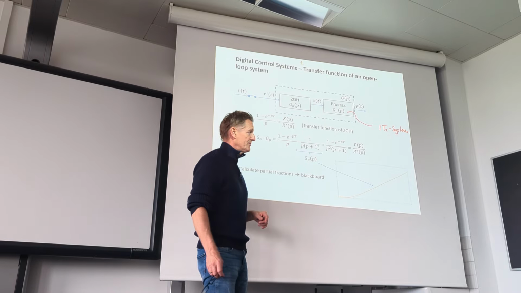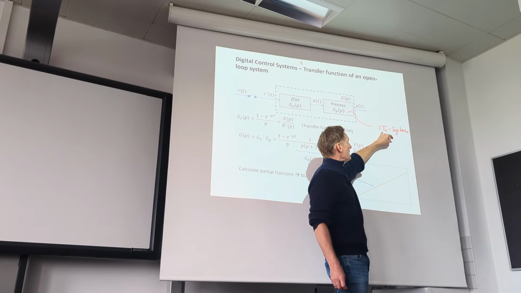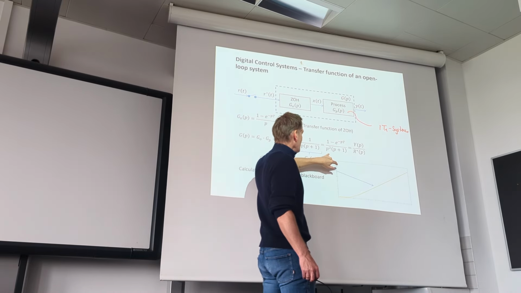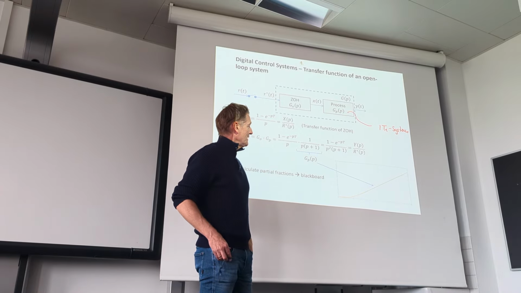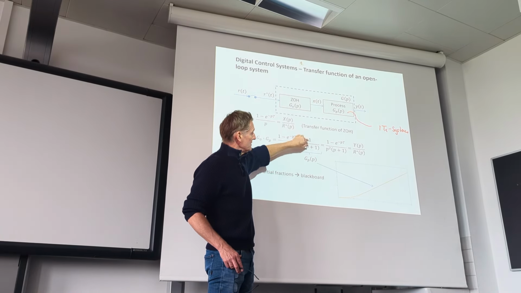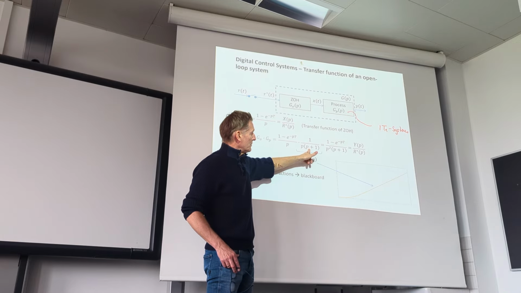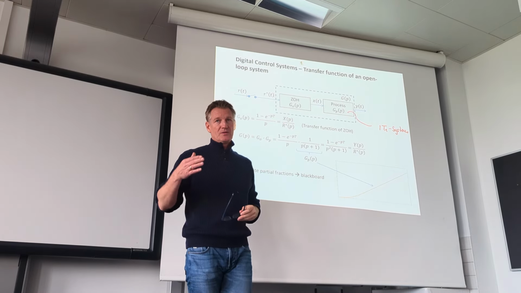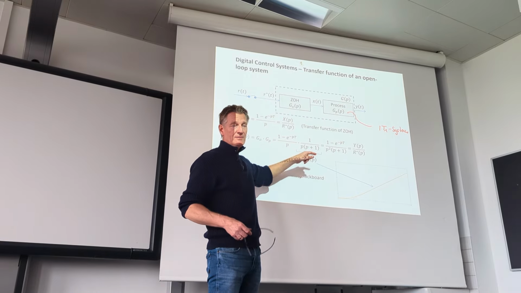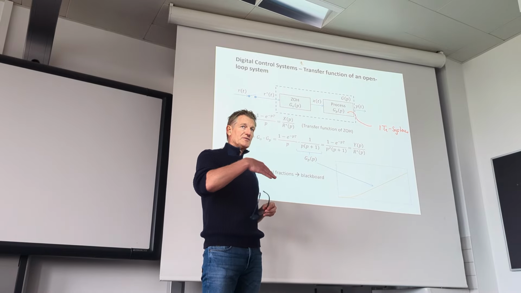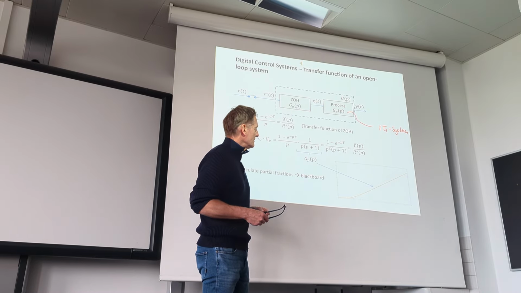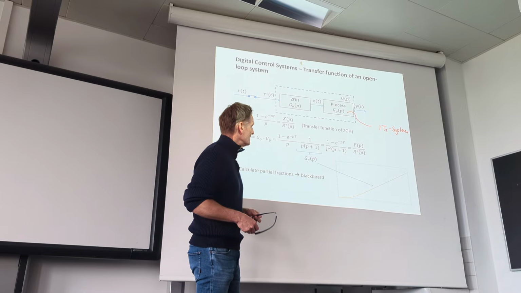So if we have for the process plant an integrating system with first order delay, the related transfer function would be 1 over p, which is the integrator, times 1 over p plus 1, so it's one pole at minus 1. In the left half plane, it means that the system has a first order delay.